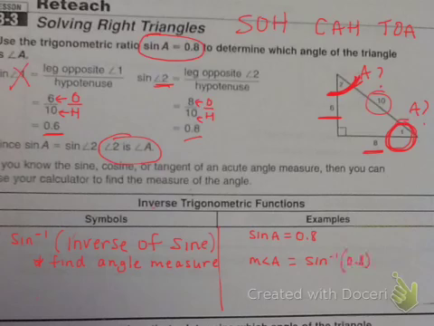Okay, so the order of operations, we'll practice this tomorrow in class on your calculator, is to take the inverse sine of 0.8. I'm doing it now on my calculator. I hit enter and I get approximately 53 degrees. Measure of angle A is 53 degrees. Okay? Now obviously you can have inverse cosine, inverse tangent.